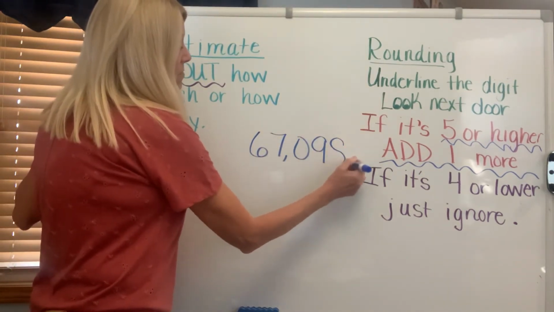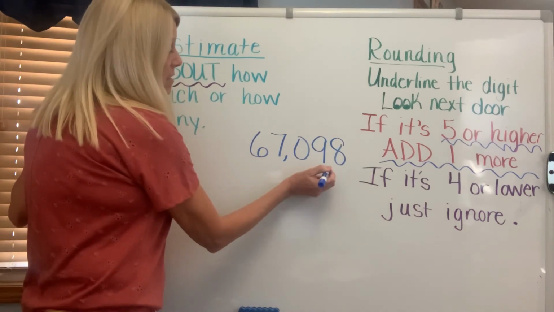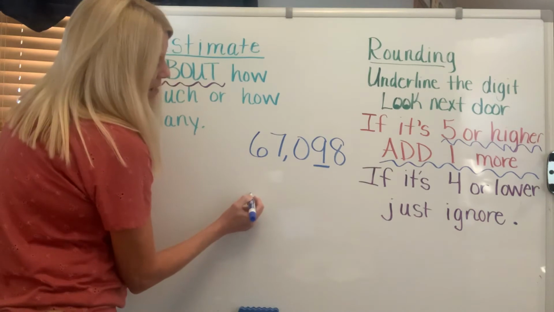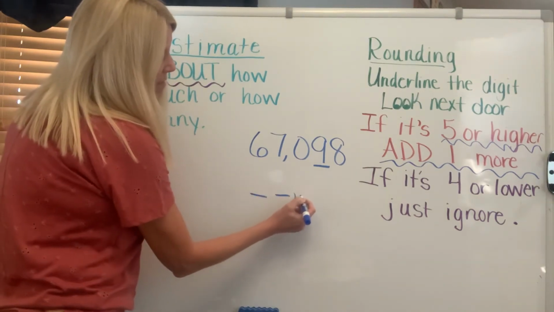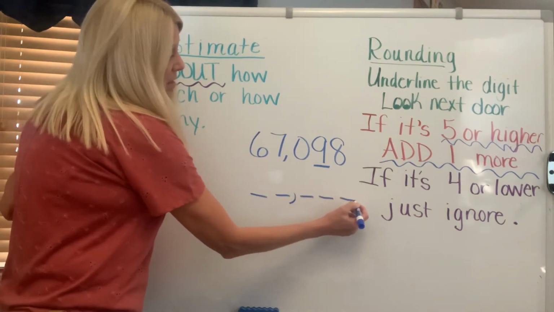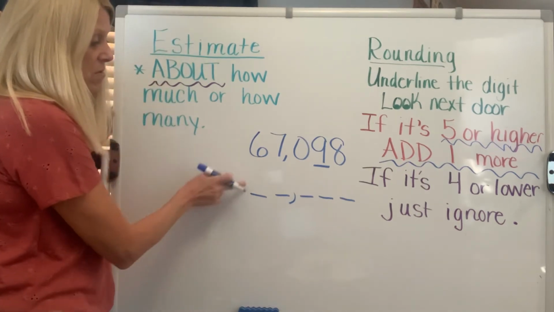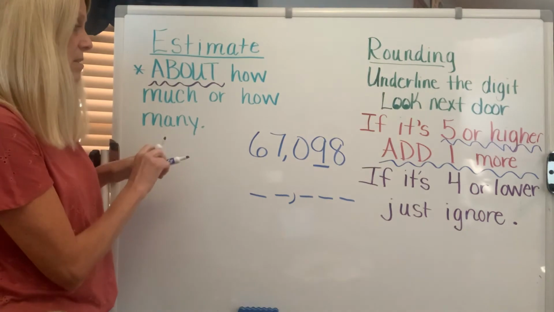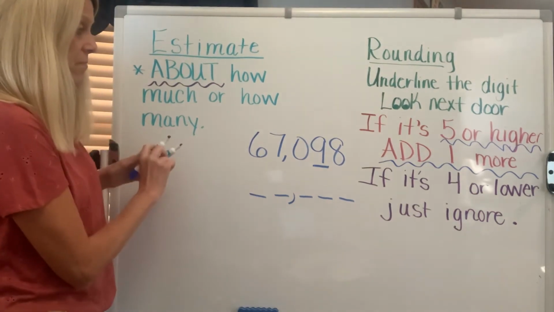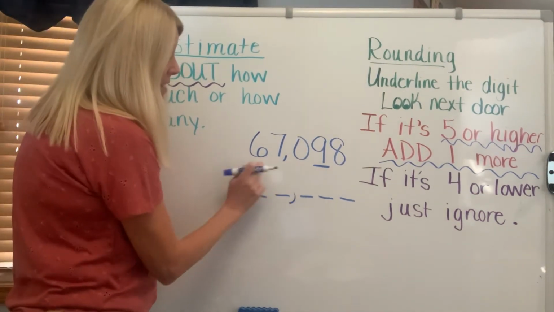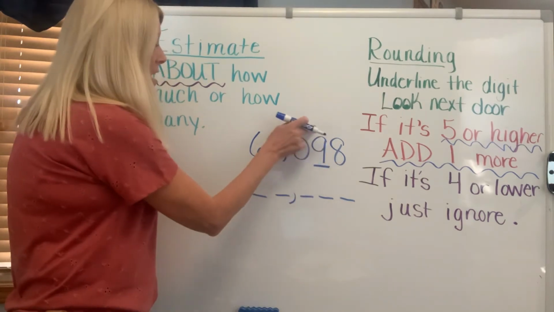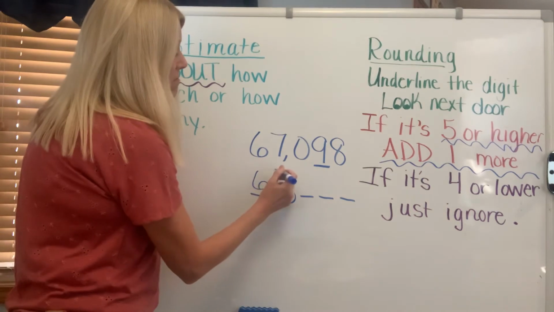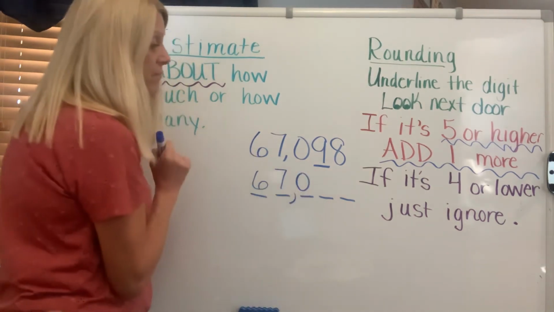67,098, we are going to round this to the nearest 10. Again, we have 5 places in our number. We're going to have 5 places in our estimate. All right, so already I know that everything to the left is going to stay the same, correct?